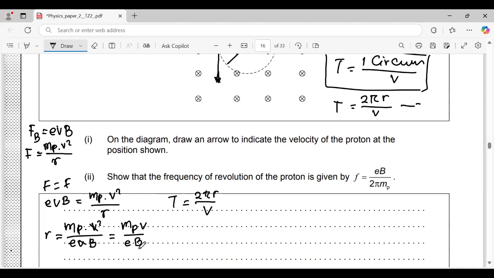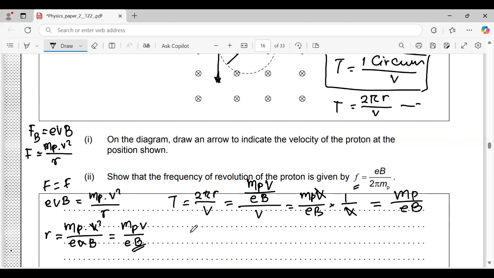We substitute r, which is mp v over eB, so it becomes 2 pi times mp v over eB times 1 over v. Dividing, it becomes 2 pi mp over e times B.